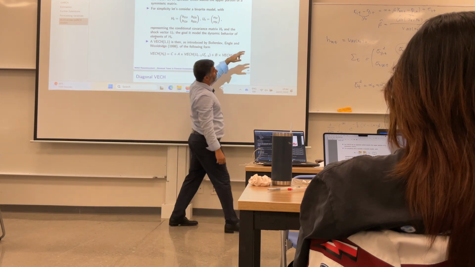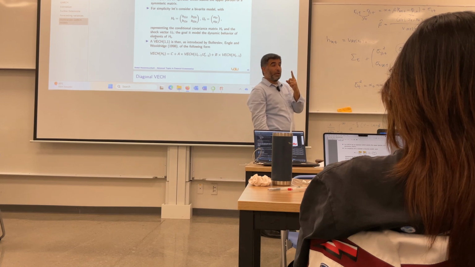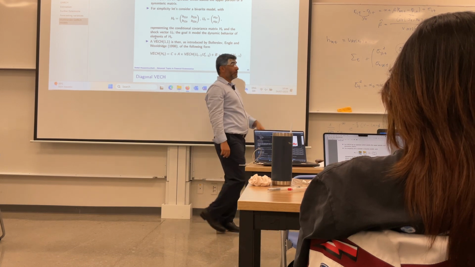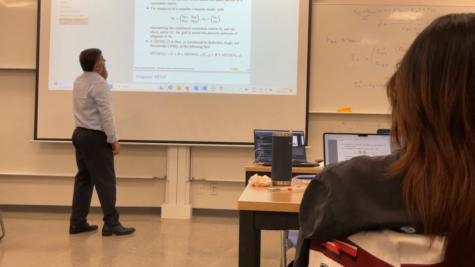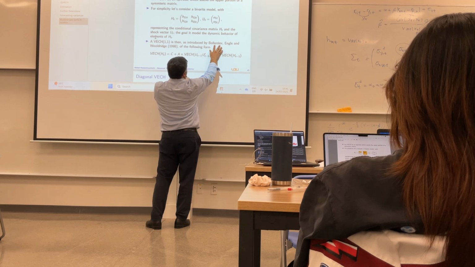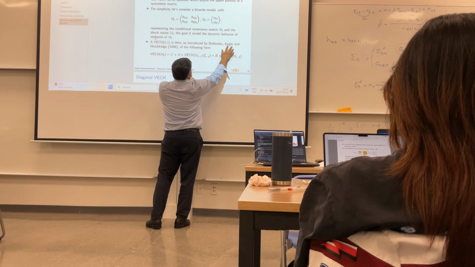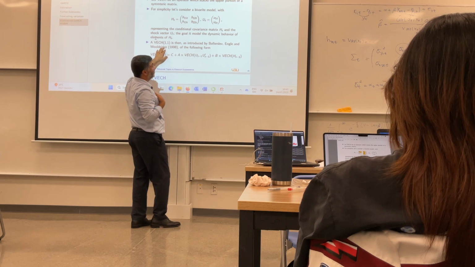Now the error terms, previously 1-dimensional, become 2-dimensional, because there are 2 assets and there are 2 errors. This is Bollerslev, Engle and Wooldridge. This is Robert Engle.